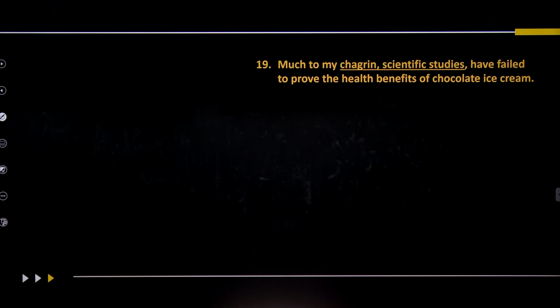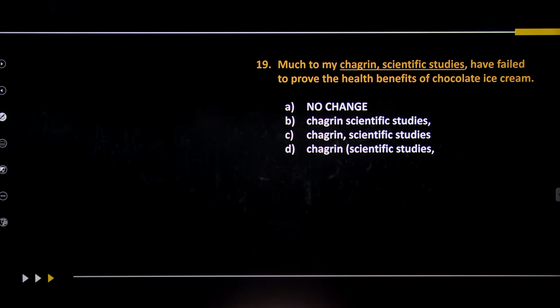Much to my chagrin, scientific studies have failed to prove the health benefits of chocolate ice cream. What is chagrin? What does chagrin mean?